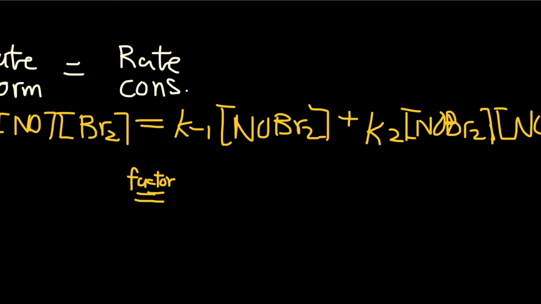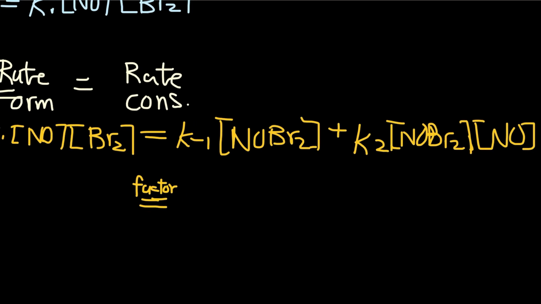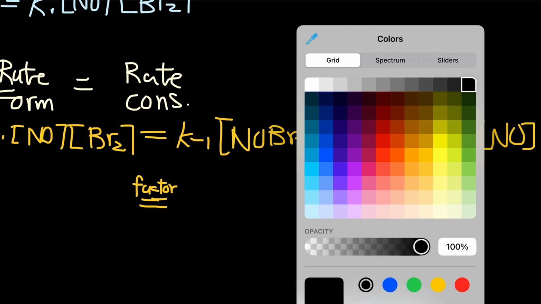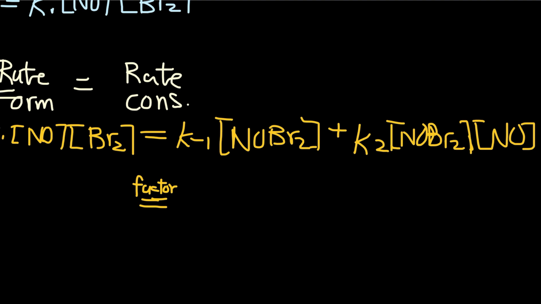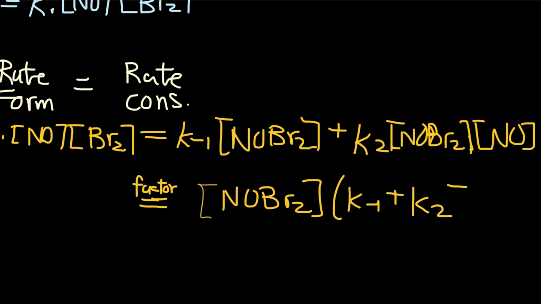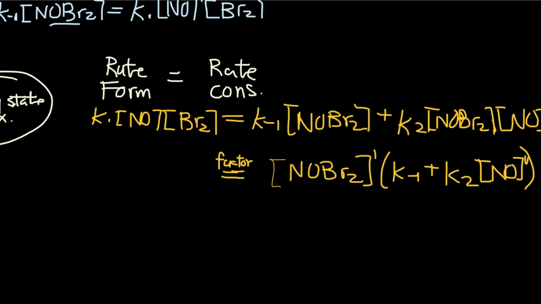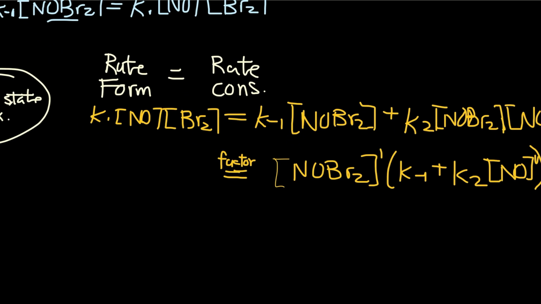Okay. So we have to factor out our intermediates because that's what we want to isolate for. So what it's going to look like is NOBR2, coefficients 1. So reaction order is 1 in elementary reaction orders. So now we have to isolate for this. And we're going to also consider this side.